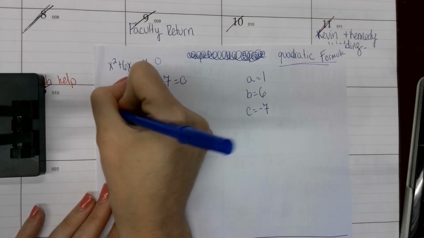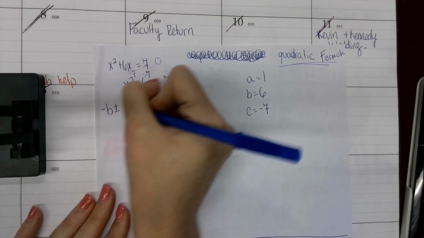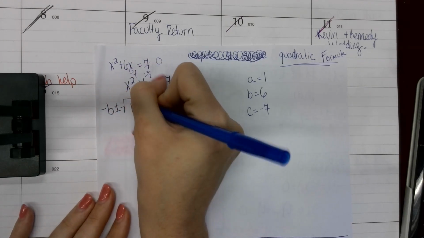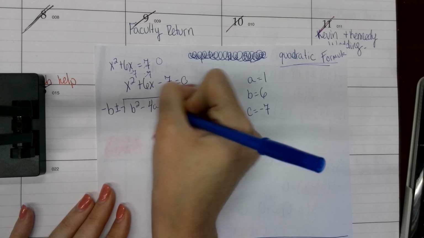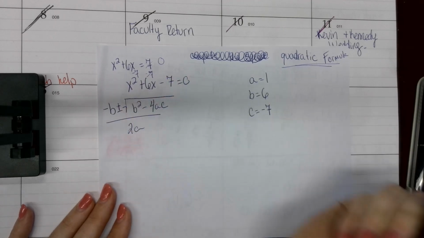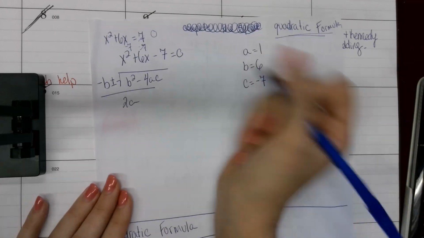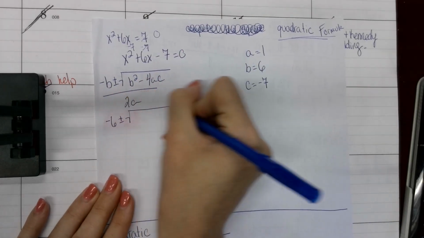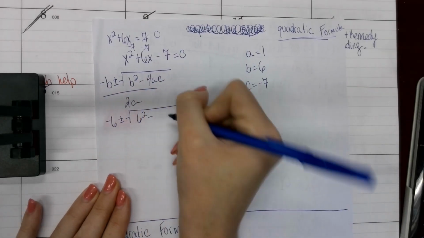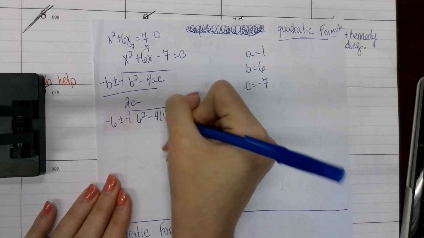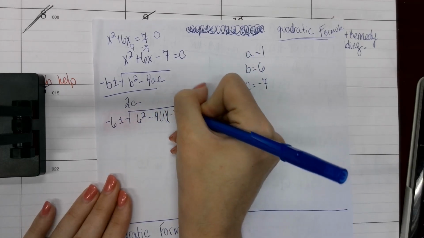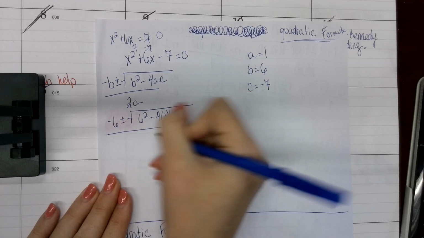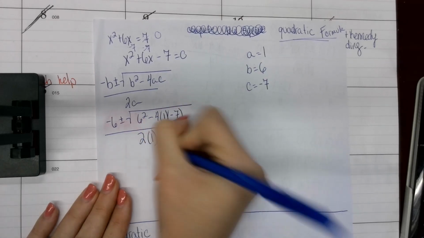In the quadratic formula, negative b plus or minus the square root of b squared subtract 4ac all over 2a. So we're going to have a negative 6 plus or minus the square root of 6 squared subtract 4 times a times our c, which is negative 7, all over 2 times our a, which is 1.